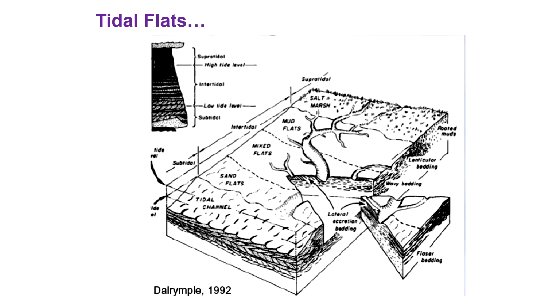And then tidal flats. Okay, tidal flats can be subdivided into three. That is your supratidal, which is away from the ocean. If you are coming closer, then intertidal, and then you have the subtidal.